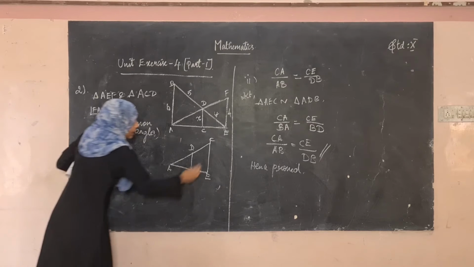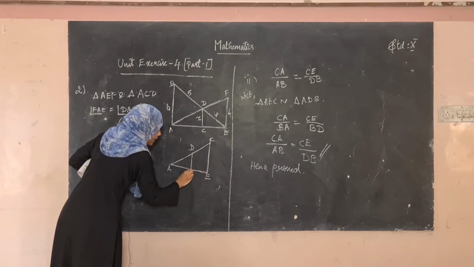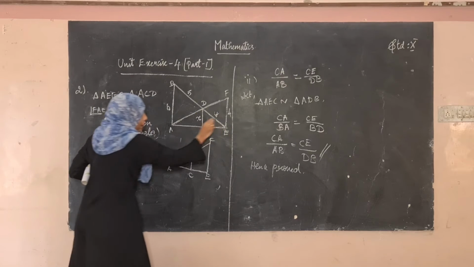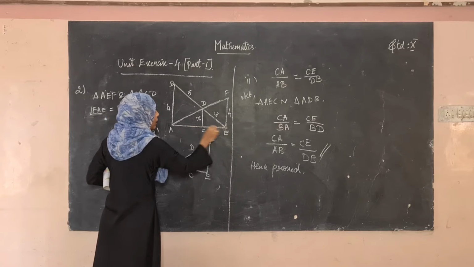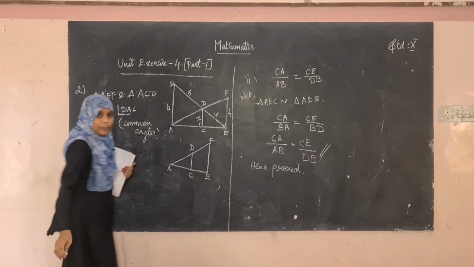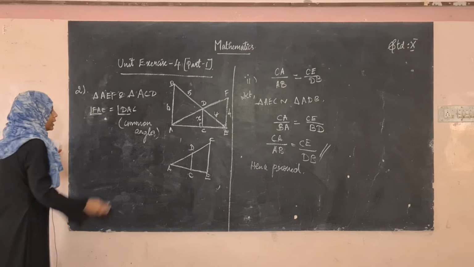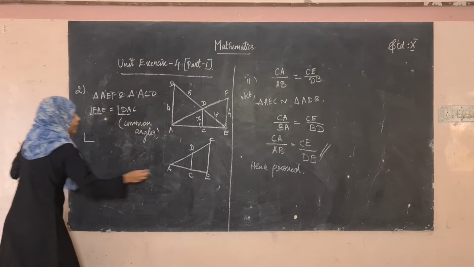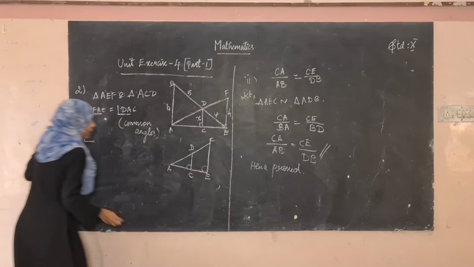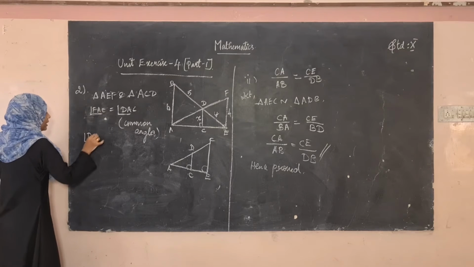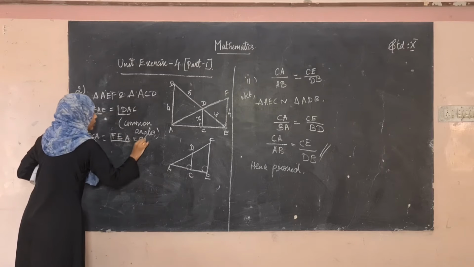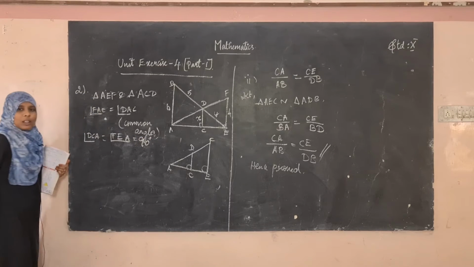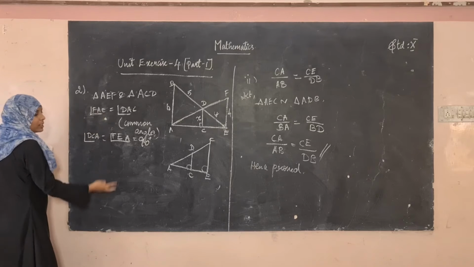And these two lines are parallel, so if you draw a horizontal line, it makes an angle of 90 degree. That is, angle DCA is equal to angle FEA is equal to 90 degree. So two angles are same.